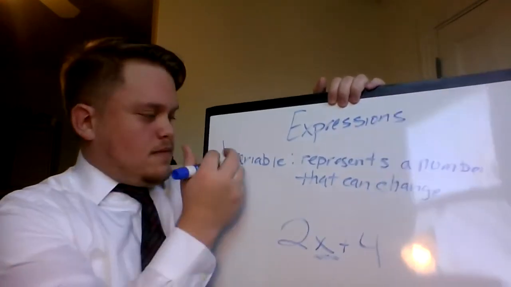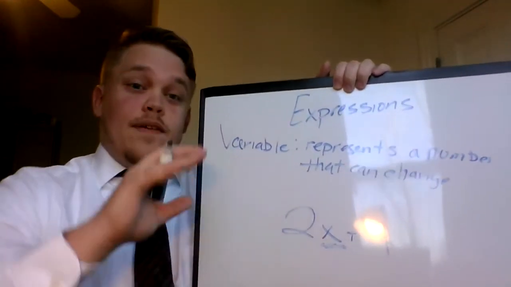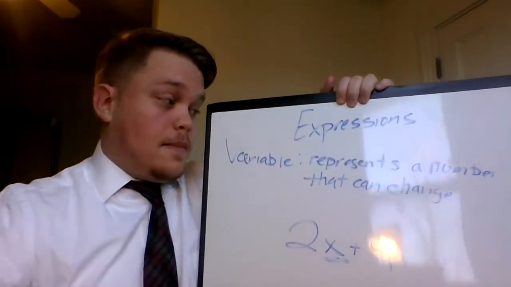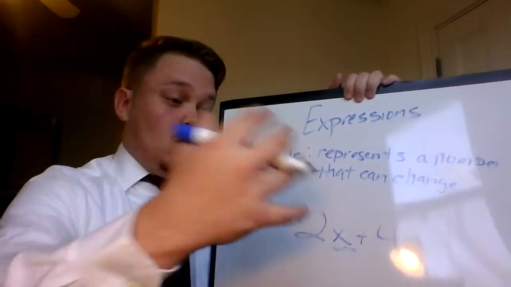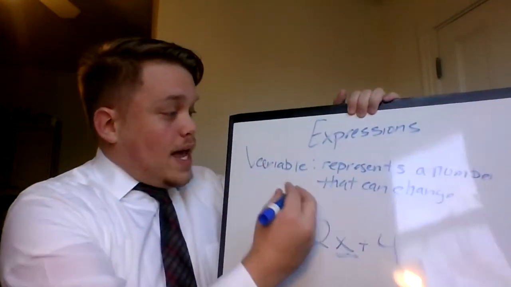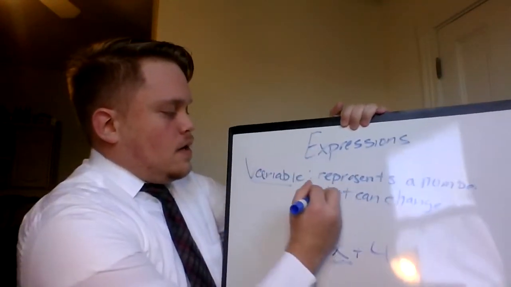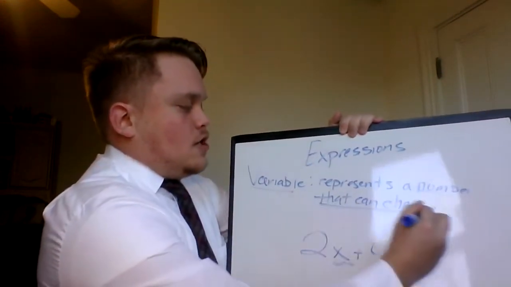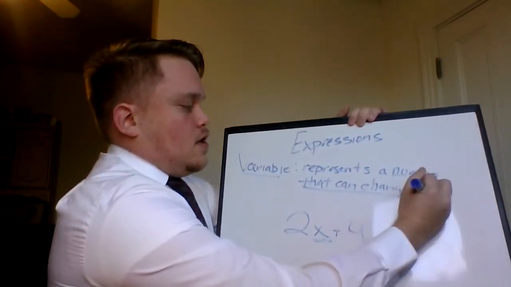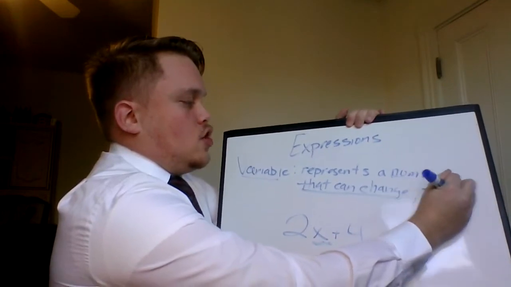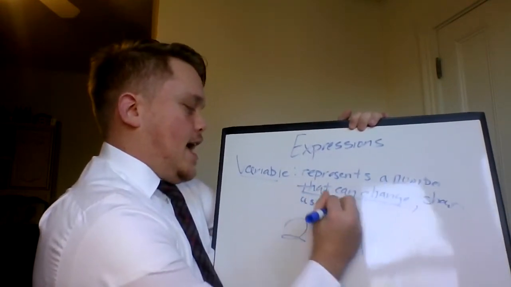Think of other words that kind of sound like variable. It varies, it changes from time to time. Variations, different changes to an original thing. Those line up. So variable, number that can change. And just to put here as a definition, it's shown as a letter.